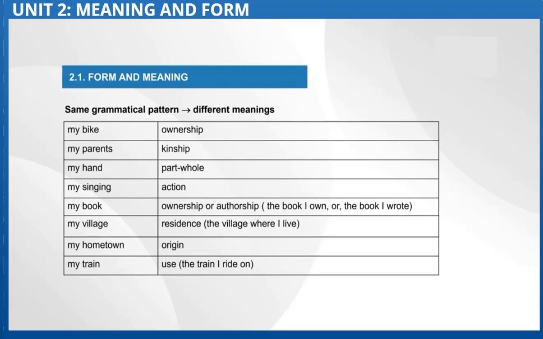My book may refer to ownership or authorship. It could mean the book that I own or the book that I wrote. And when I say my village, that is the residence, the village where I live or where I was born.